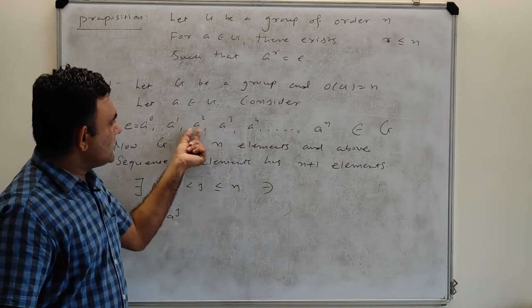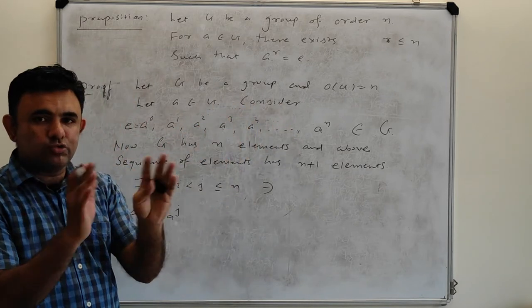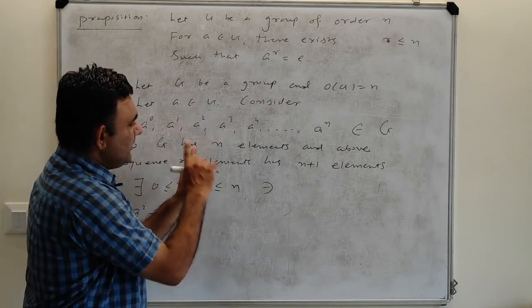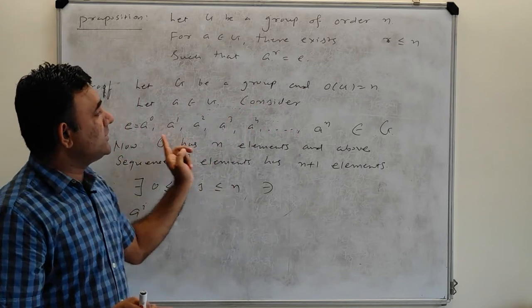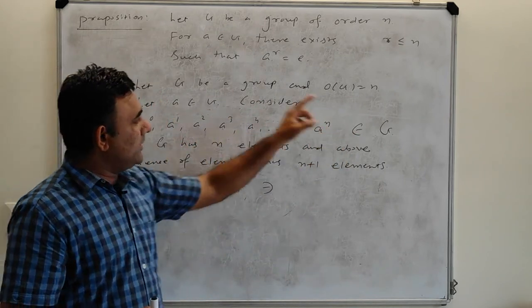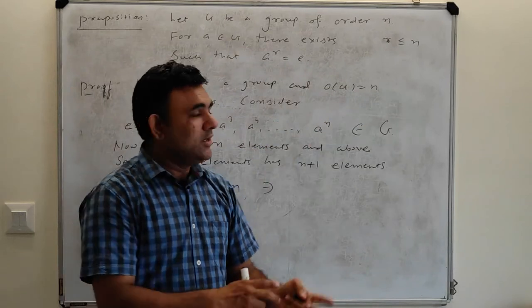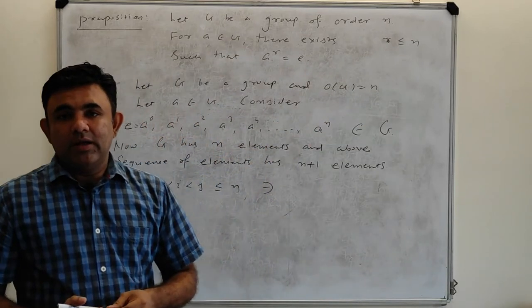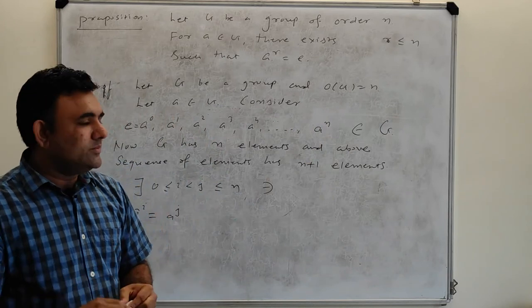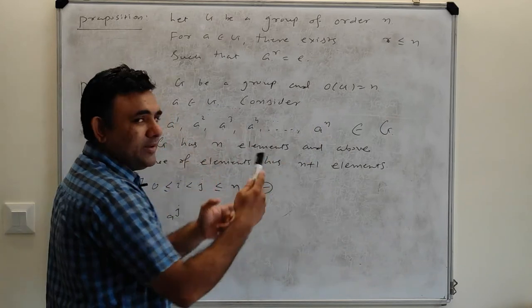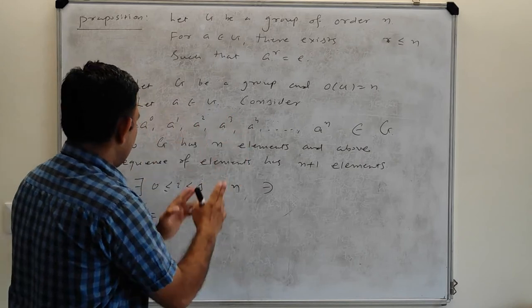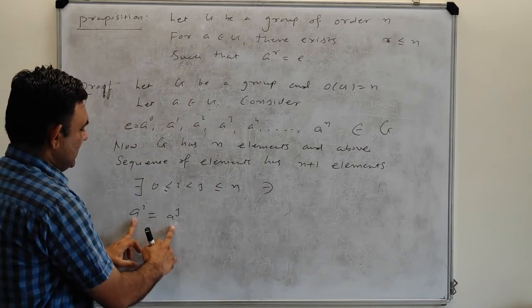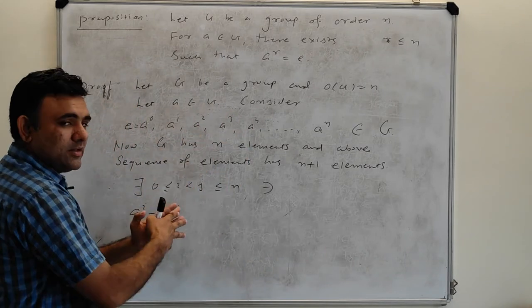It may be a square and a raised to 5. These two things are equal. At least two elements must be equal, and this happens only because these are n plus 1 elements and this structure contains only n elements. So some elements are repeated. Let me say a raised to i and a raised to j are the same.